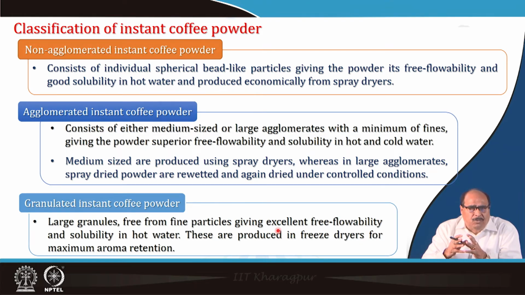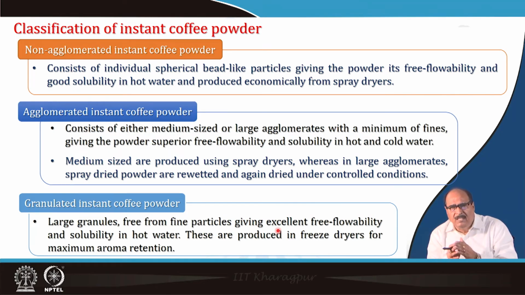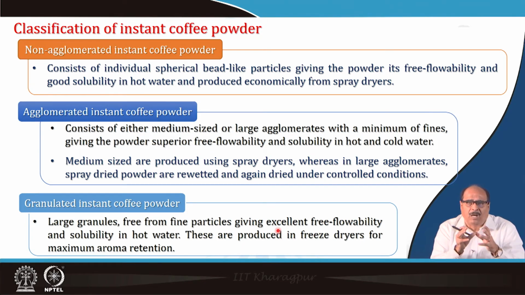Agglomerated instant coffee powders consist of either medium sized or large agglomerates with a minimum of fines, giving the powder superior free flowability and solubility in hot and cold water. Medium sized agglomerates are produced using spray dryers, whereas in large agglomerates spray dried powders are rewetted and again dried under controlled conditions. The principle of agglomeration we studied in the earlier class.